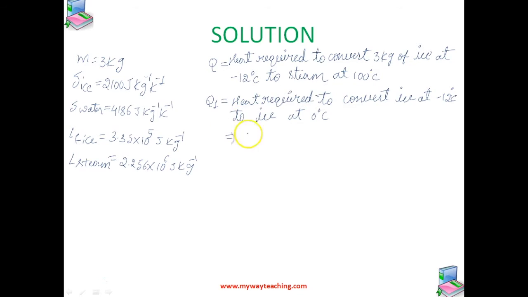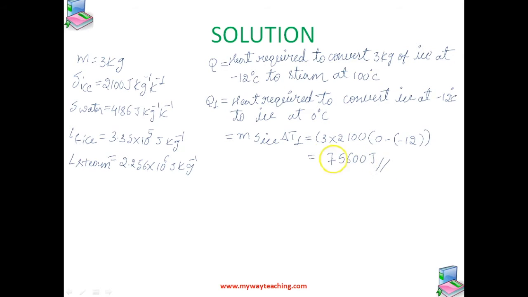So that is given by M, specific heat of ice, into delta T1. So we know mass and we know specific heat of ice, and delta T1 is 0 minus of minus 12, which will give the answer as 75,600 joule.